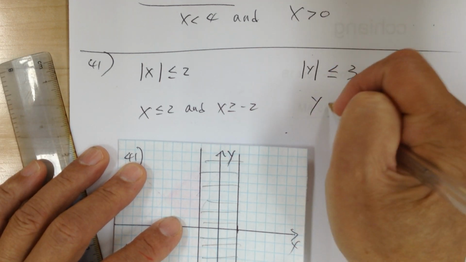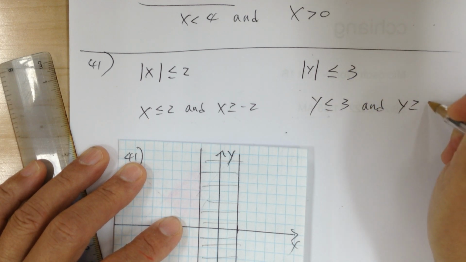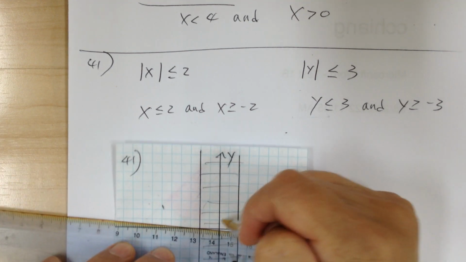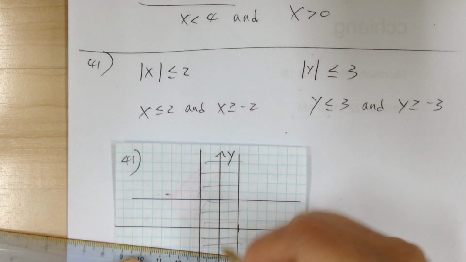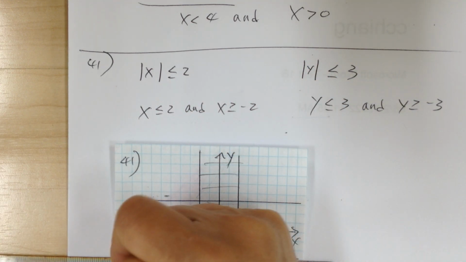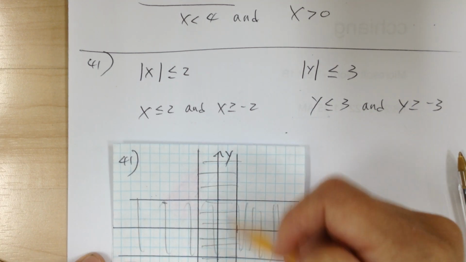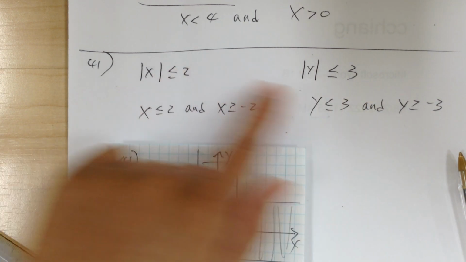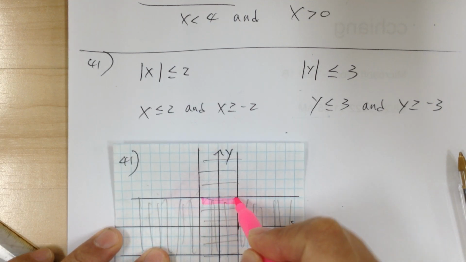Again, y is less than or equal to 3 and y is greater than or equal to negative 3. So you go 1, 2, 3, so it's going to be this way and this way over here. The answer that incorporates both would be this rectangle right over here.